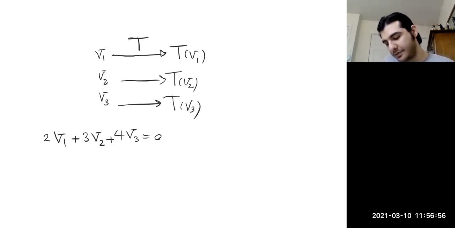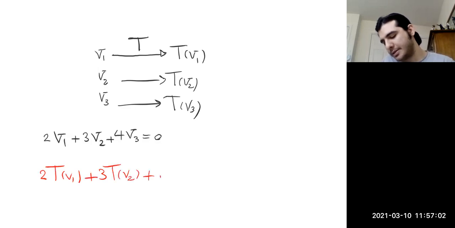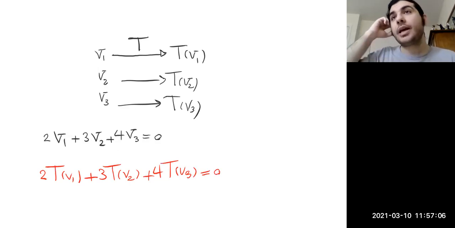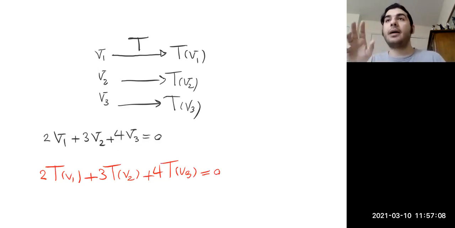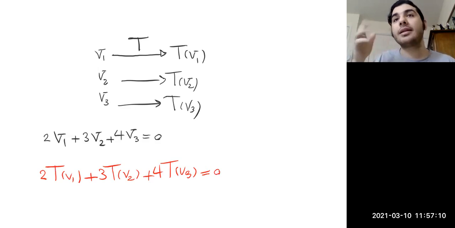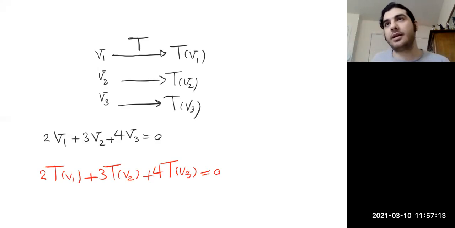We should have 2 times T of v1 plus 3 times T of v2 plus 4 times T of v3 equals 0. So if they give me a map T which does not satisfy this equation, then that map can't be linear, okay?